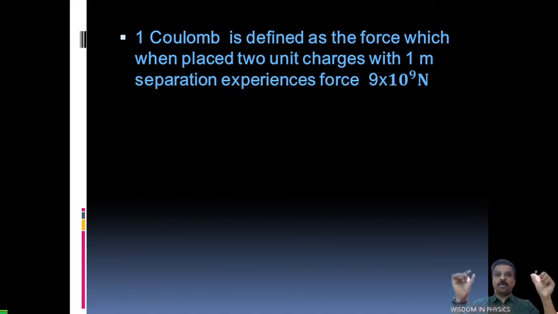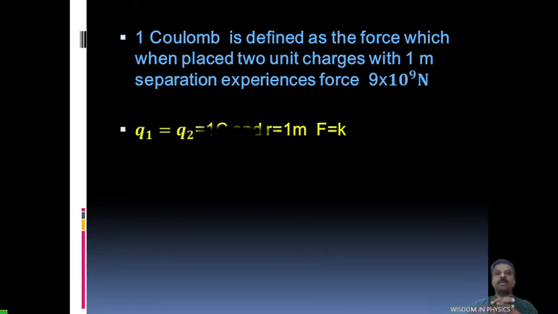You have two charges Q1, Q2, keep them as unit charges and keep the distance between the two charges as 1 meter. If they experience a force of 9 into 10 to the power of 9 Newton, then you have the charge of 1 Coulomb in space. That is the definition of 1 Coulomb charge.